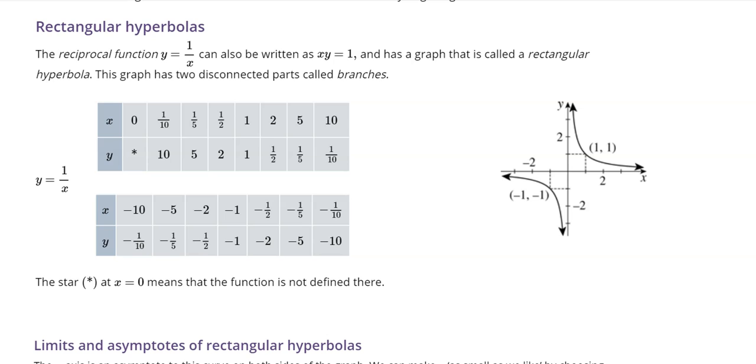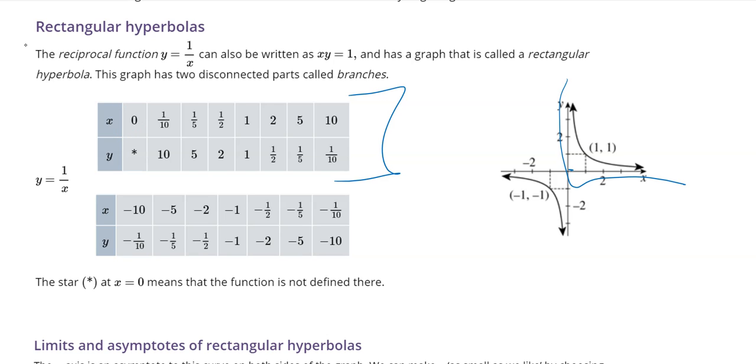The limit of something approaching 0 is going to be infinity, which makes sense on here. If we have a look, this first chart is essentially looking at this section of the graph. If we're starting really close to the y-axis, so very small values of x, that's what they've started with.